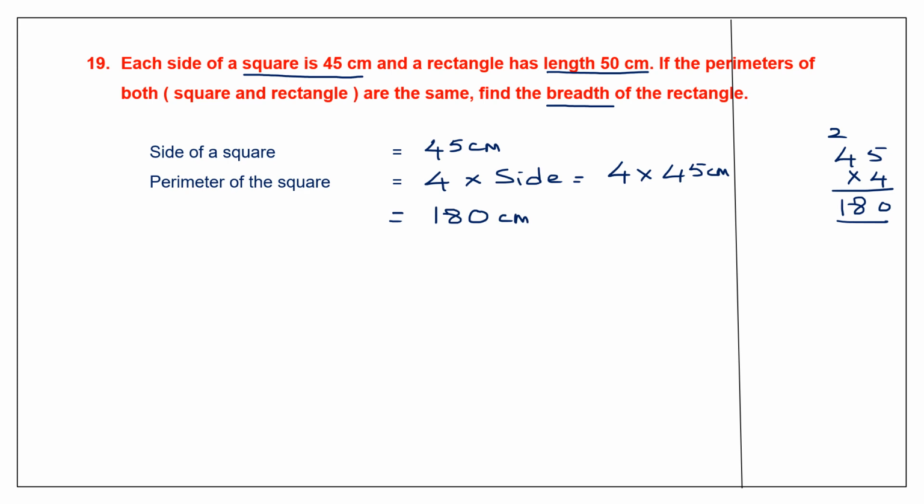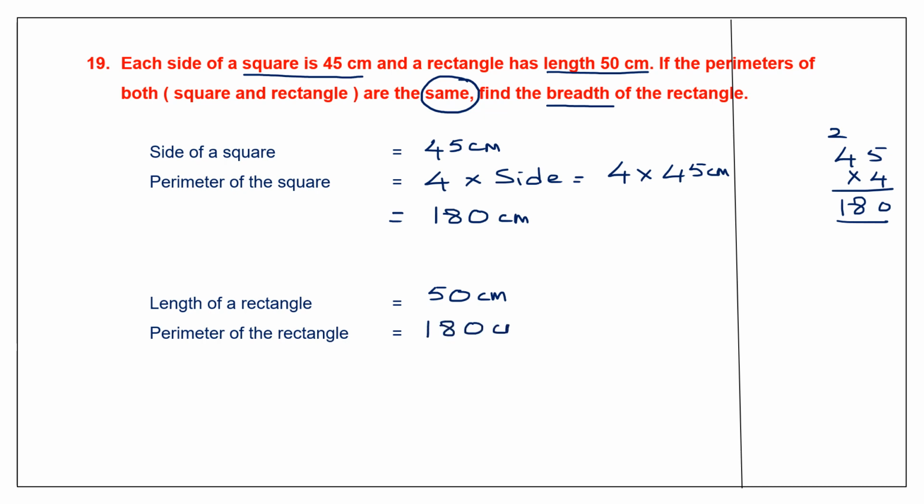And the question says that the perimeters of both the square and the rectangle are the same. So now let's find the breadth of the rectangle by using this measurement, the perimeter. So length of the rectangle is given to us in the question as 50 centimeters. Perimeter of the rectangle is the same as the perimeter of the square, so that's 180 centimeters.